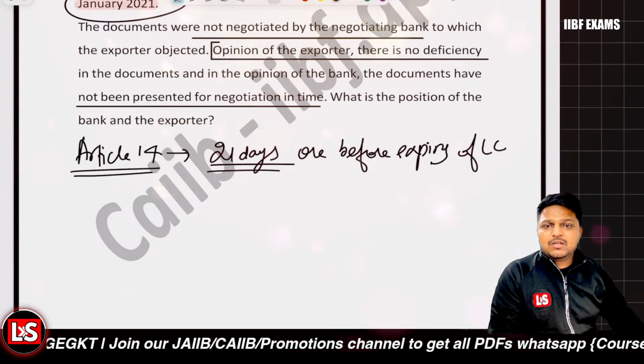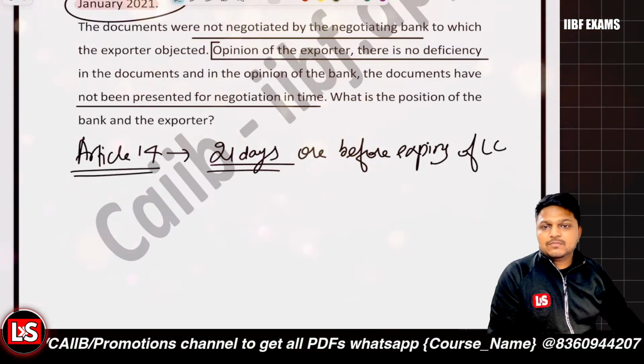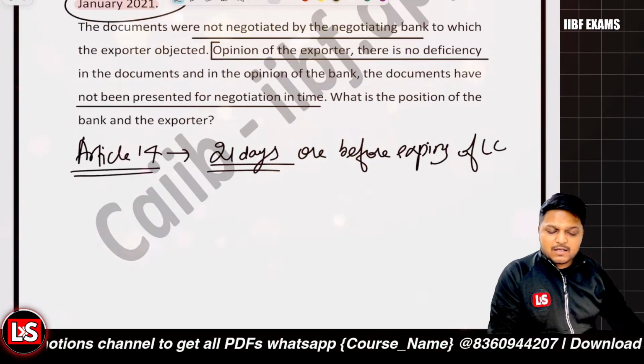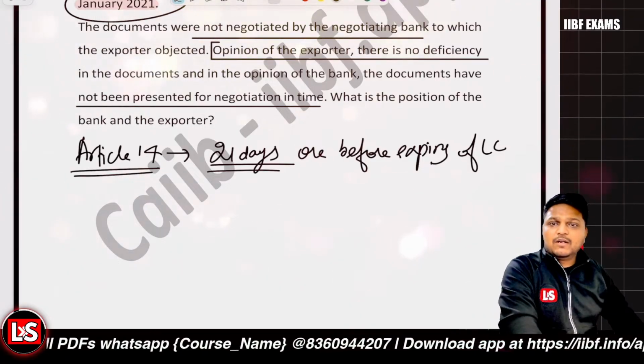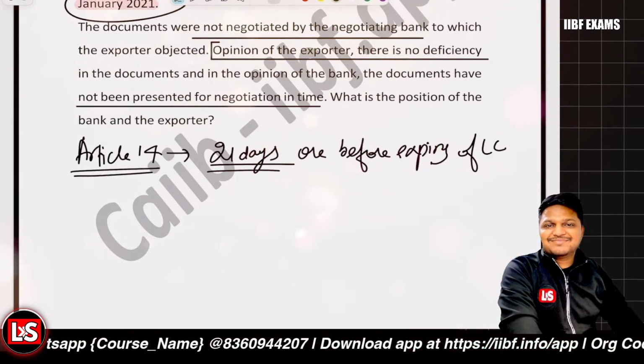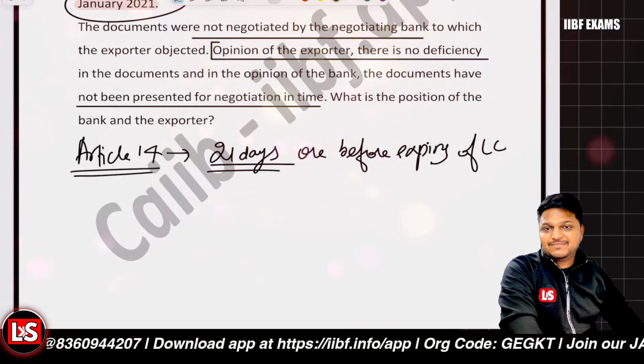Clear with it? Kindly confirm if you have understood this particular part, because these are very much required.